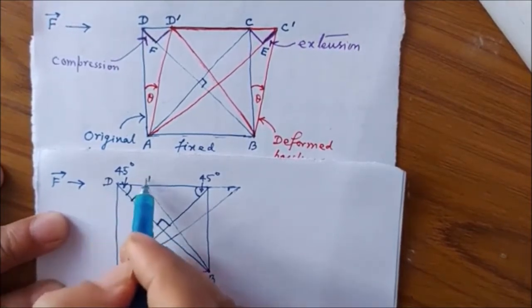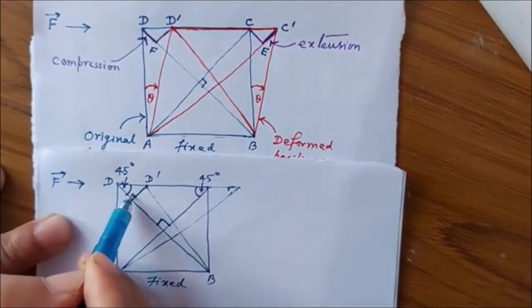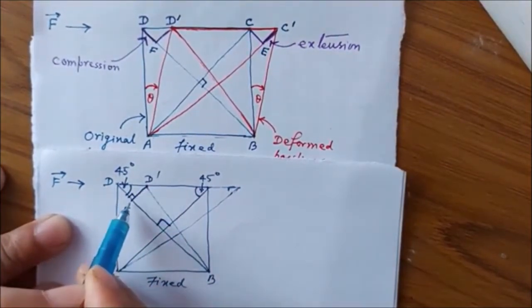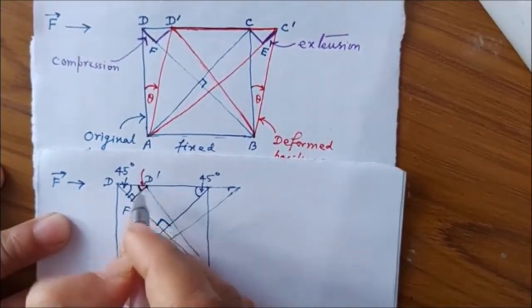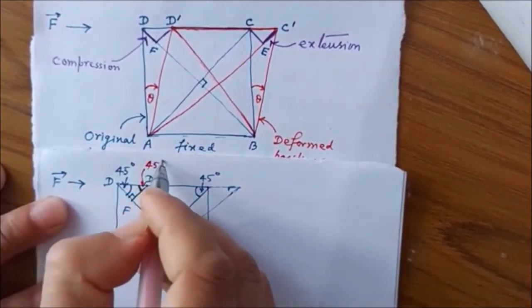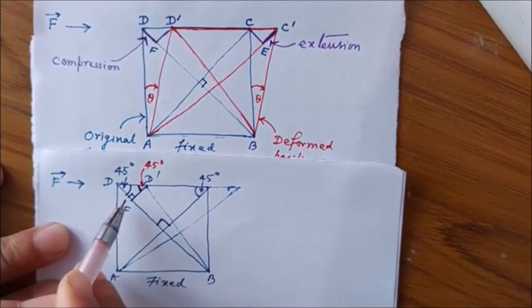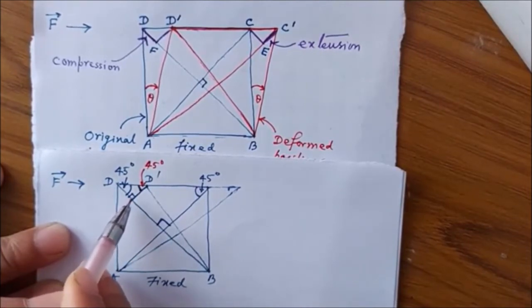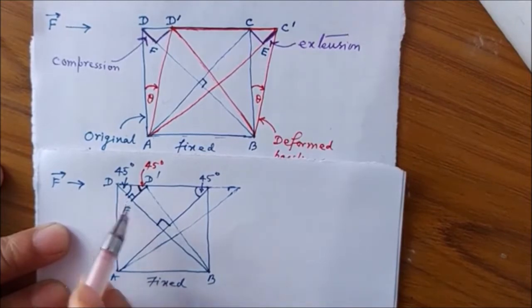This was point D, this was D prime, and this was F. Now clearly this is 90 degrees since this is a perpendicular, and therefore this angle is 90 degrees minus 45 degrees, 45 degrees, which means that this triangle has two sides equal, which means it is an isosceles triangle, and one angle being a right angle, we can call it a right angled isosceles triangle.